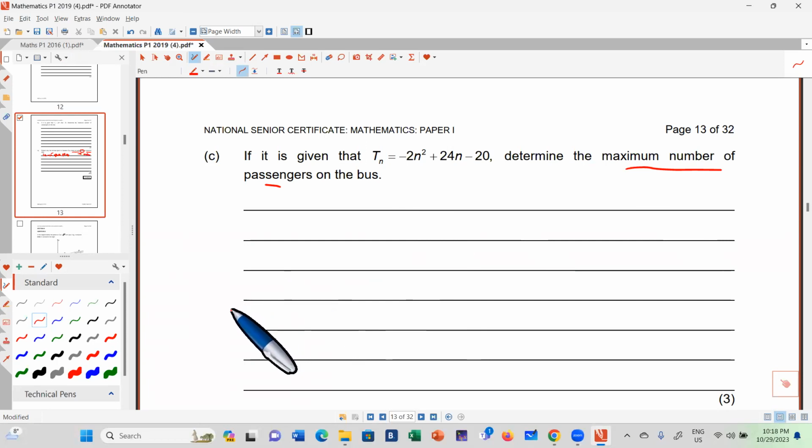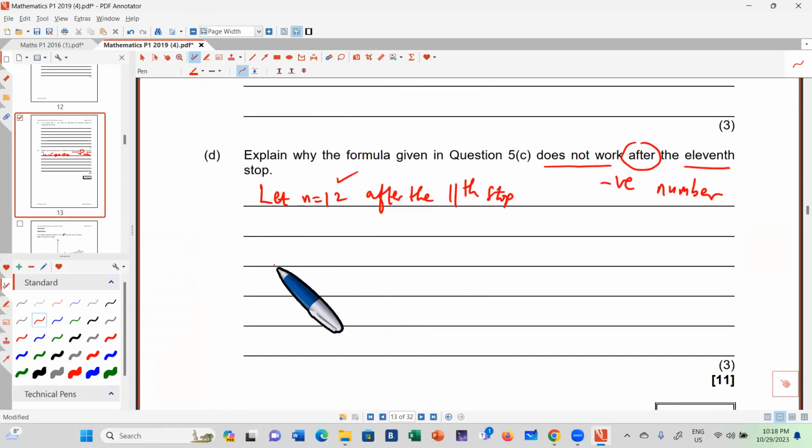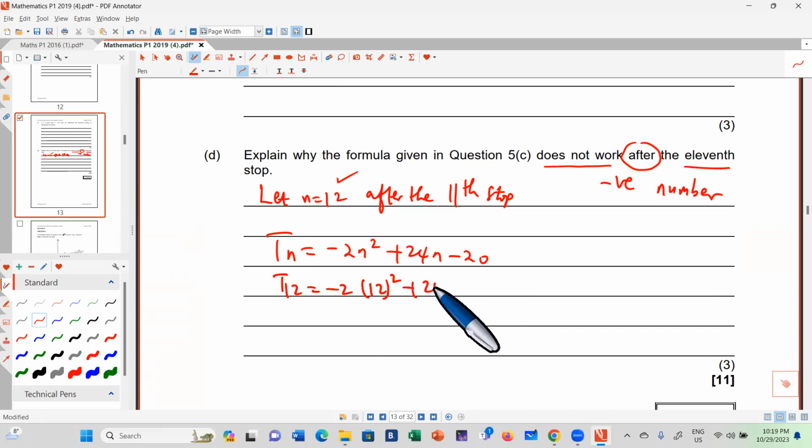So at this point, you'd have to define T12, Tn, which is minus 2n squared plus 24n minus 20. So it doesn't work after the 11th stop, which means T12 is minus 2 into 12 squared plus 24 times 12 minus 20, which means this.